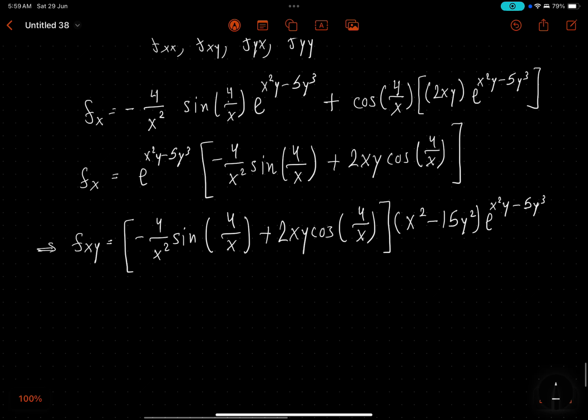That's our partial derivative. Now if we want to evaluate it with respect to x, it's going to be a bit more complicated.